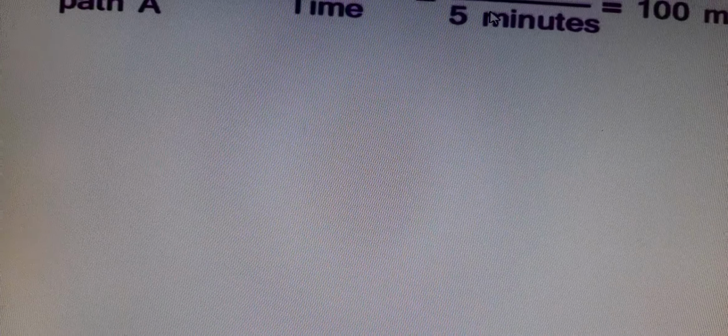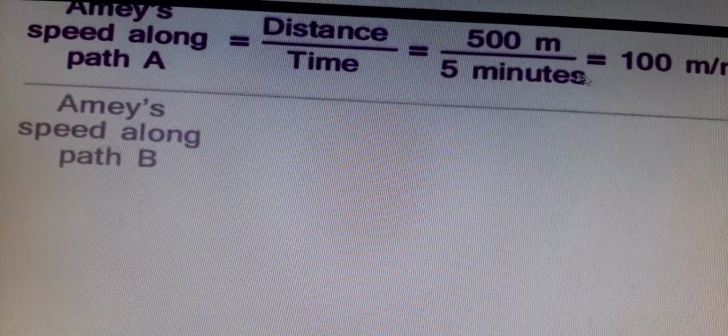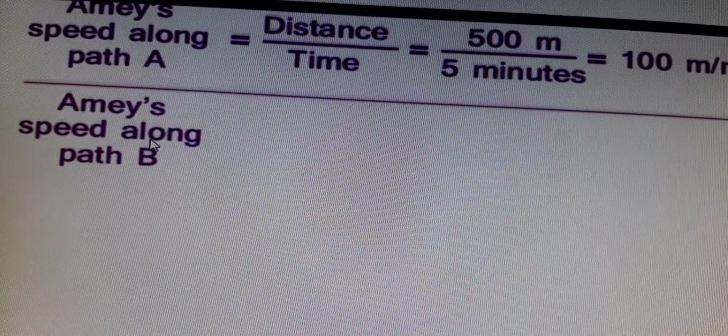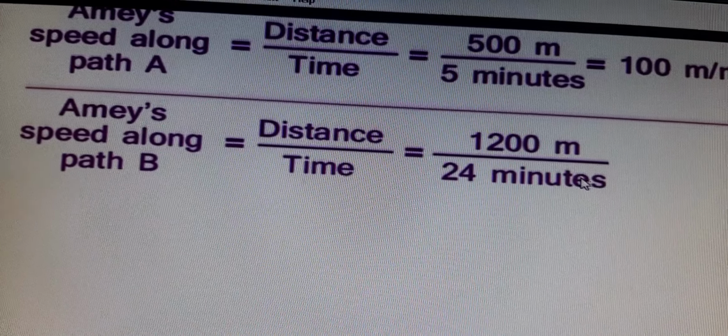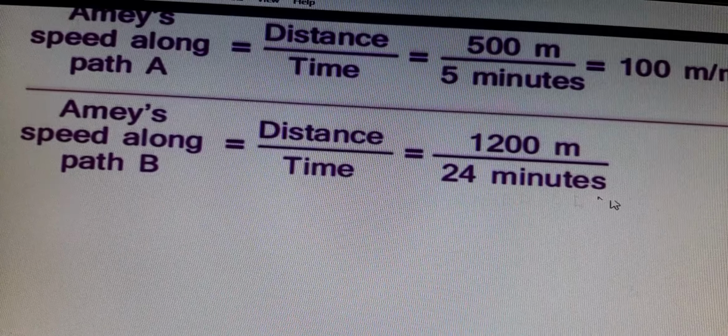Now we have to find the speed and velocity. Speed means distance upon time. 500 upon 5 minutes is equal to 100 meters per minute. Now for Amey's friend's house to school, distance upon time is 1200 meters upon 24 minutes.